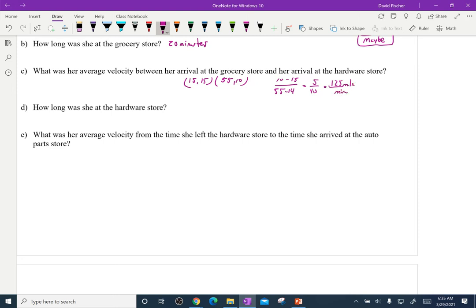But I don't want per minute, so I'm going to multiply by 60. That gives 7.5 miles per hour. It's important to convert it to miles per hour. Pretty slow, but it's slow because they factored in that she was at the grocery store for 20 minutes.